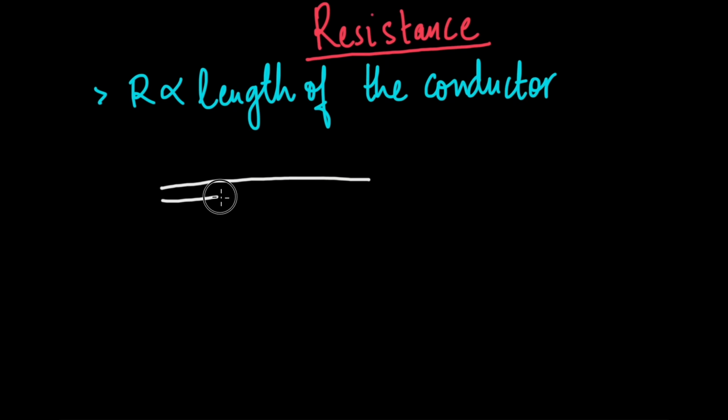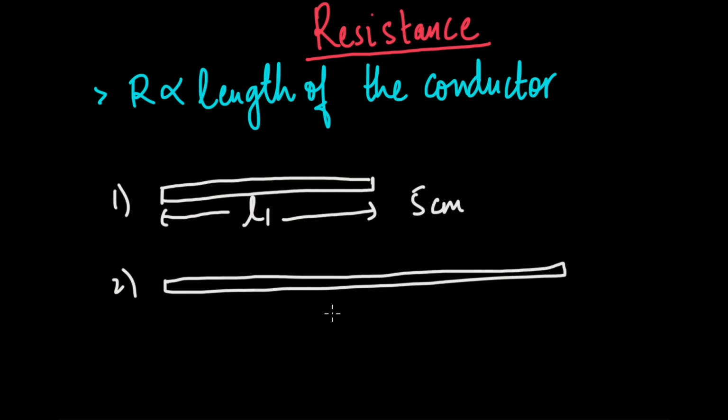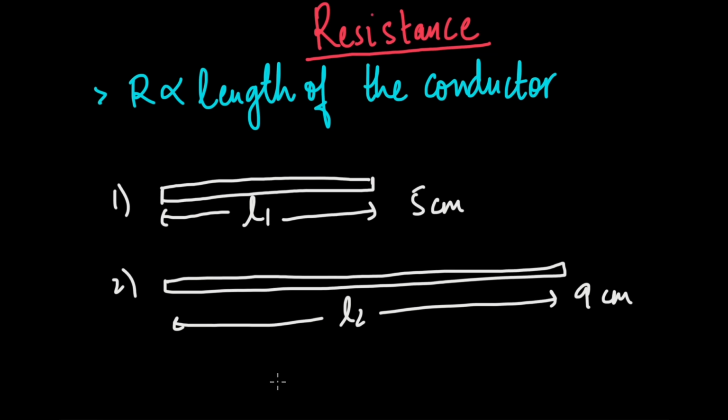If this is my wire 1 with length L1 and it's 5 centimeters long, and this is my wire 2 with length L2 and this is 9 centimeters, so L2 will have more resistance than L1. The longer the length of the conductor or the wire, the more the resistance will be.